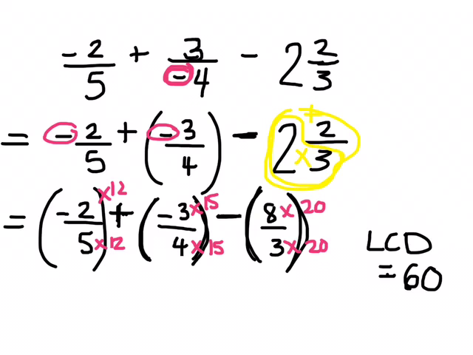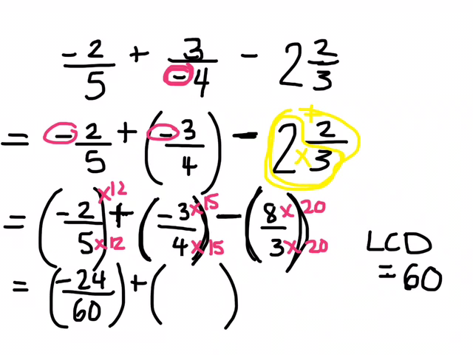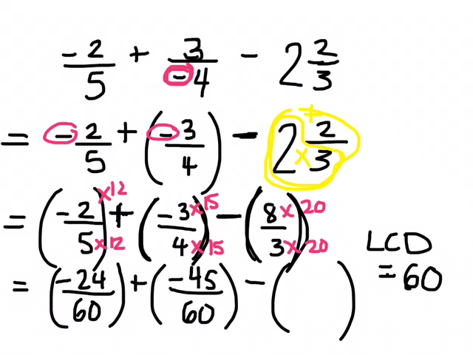And 3 times 2... sorry, 3 times what is 60? Okay, I want everyone now to rewrite these fractions with a denominator of 60 and tell me what you get. So the first one would be negative 24 over 60 plus, what's the next one? Yes. Negative 45 over 60. And the last one, take away, what's 20 times 8? Gabriel? 160 over 60.